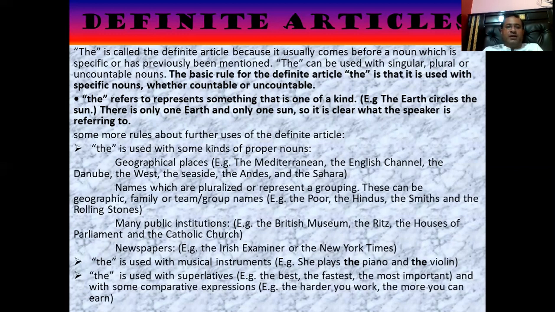Let us take an example: a man walks into a bar. Here the indefinite article a is used for both the man and the bar because this is the first mention of both the nouns. We don't care which man or which bar the person is referring to.